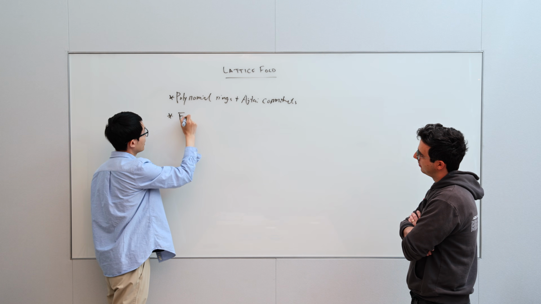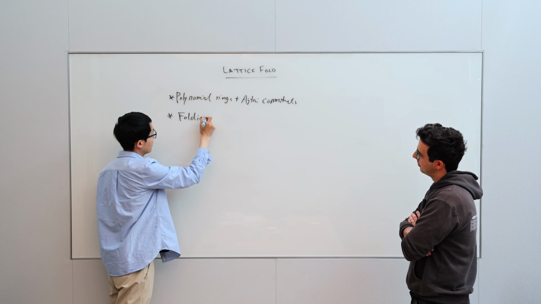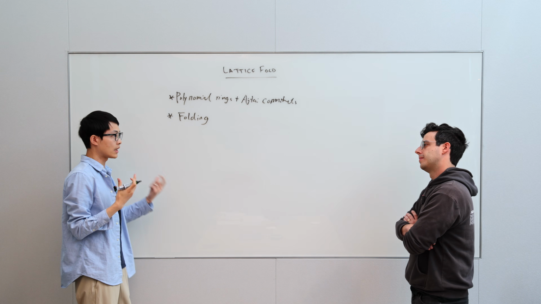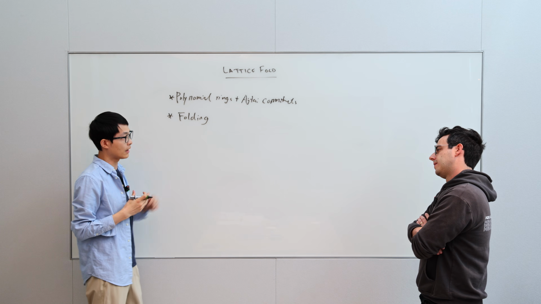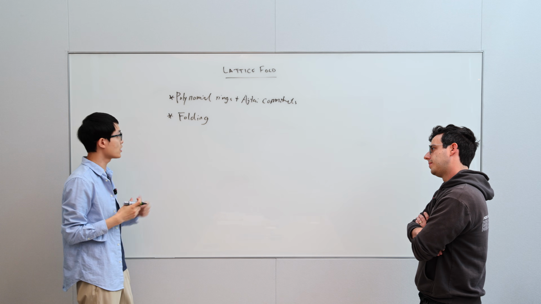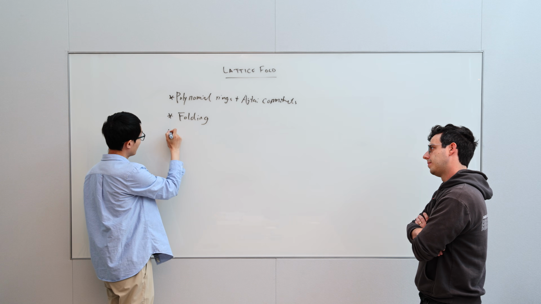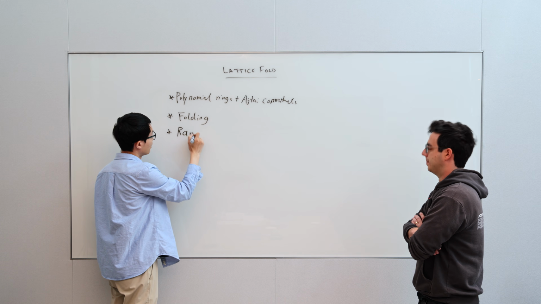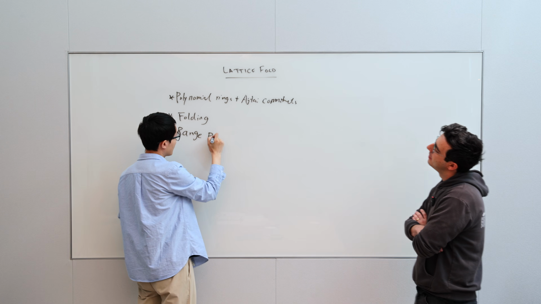So we'll talk about folding, and especially folding in the lattice setting. Along the way, we'll see many challenges. So we'll go over some main techniques to build folding schemes in the lattice setting, such as the decomposition technique, and more importantly, we'll cover another very important topic, which is range proofs in the lattice setting.